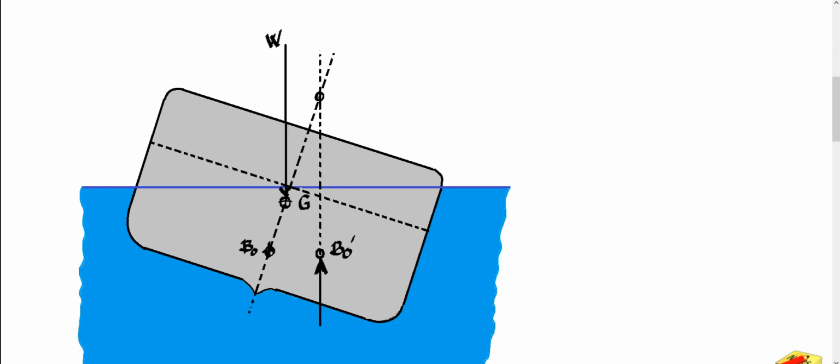As shown here, from the initial state without tilting, it is transferred to a new position, which is B0 prime.